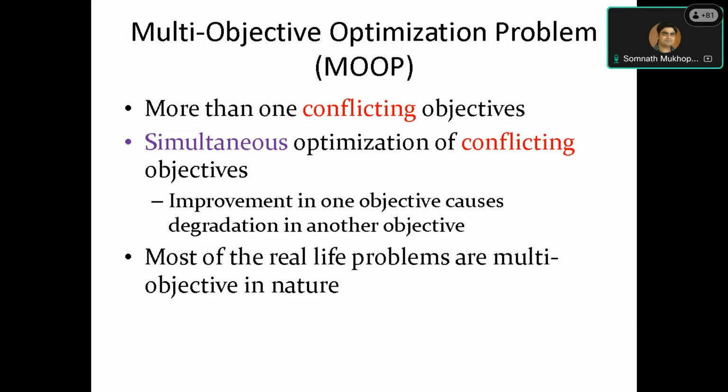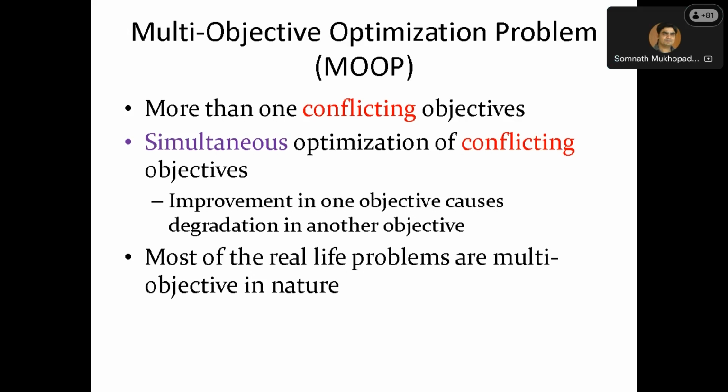Conflicting means one objective function is somehow orthogonal to the other. If we consider cost, then we have to compromise on comfort. If we want to focus on my comfort level, then I should not think about cost. This way they are conflicting.